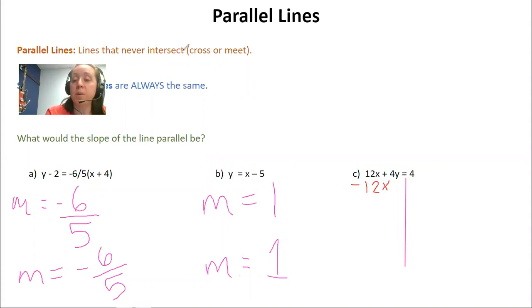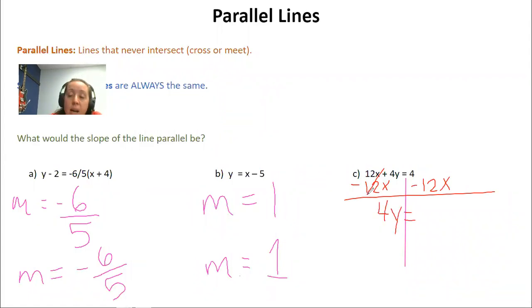Whenever we want to move things to the other side in math, we always do the opposite. So we're left with 4y, and then what would I have on the right side? Because we can't really combine the 4 and the negative 12x. I'm going to take the negative 12x and put it in front, and that 4 is a positive, so it stays there. Okay, now what do I do?